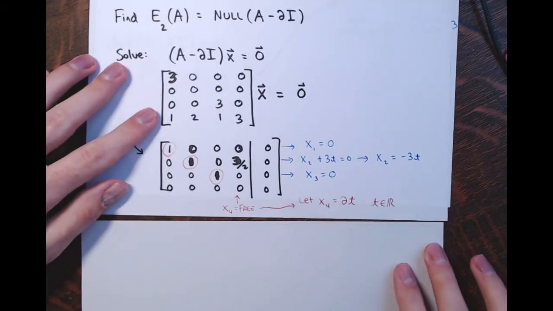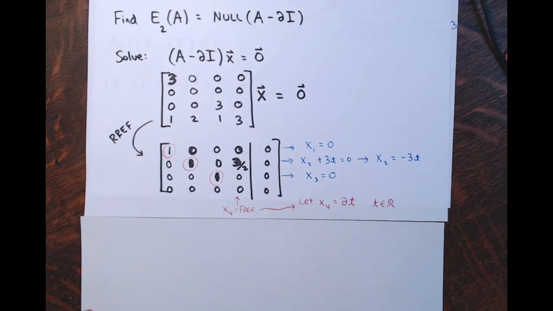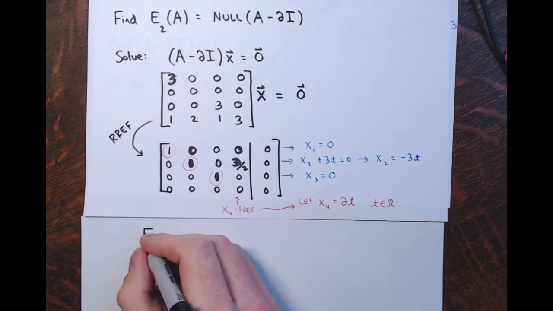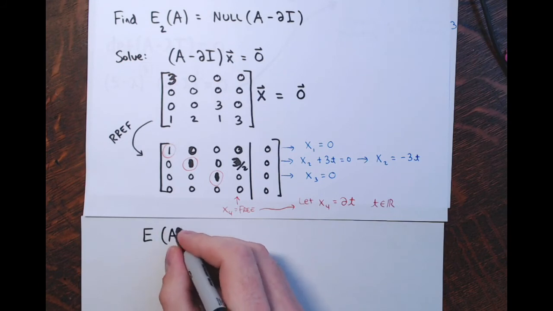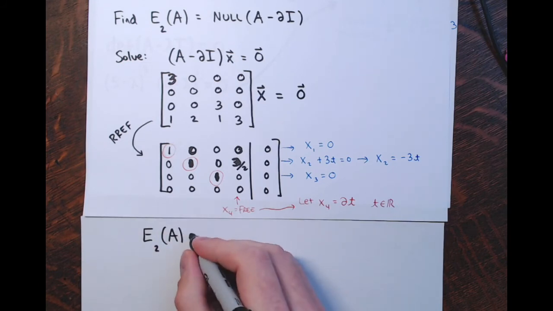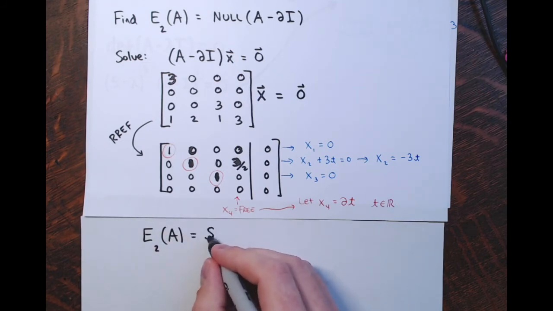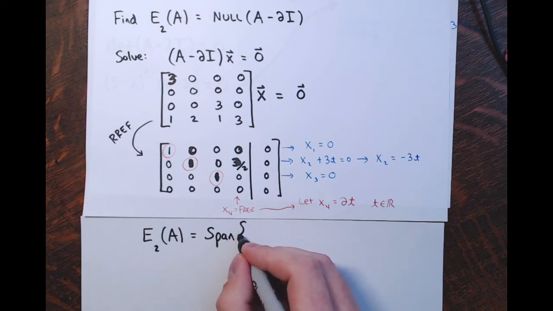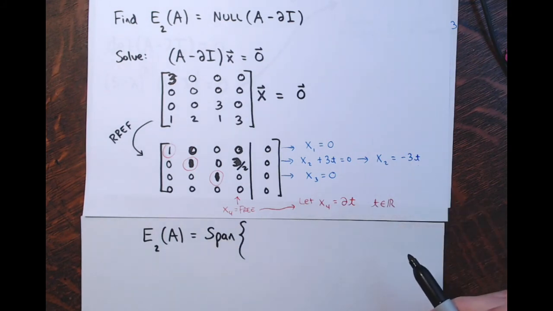So hopefully you can see, I'm actually just going to write the eigenspace. So the eigenspace of A corresponding to lambda equals 2 is the span of just a single vector, right? There is only one free variable, t.